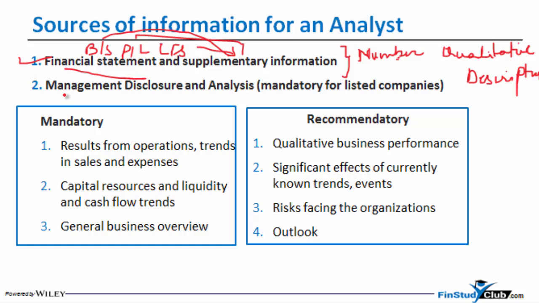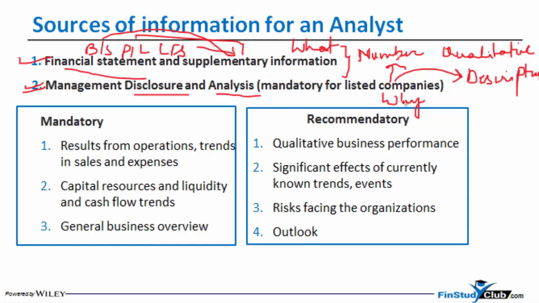This document written by the management disclosing and analyzing the business position is called management discussion and analysis. As the name suggests, it is not number oriented but words oriented. It's text heavy. While my financial statement will reveal what has happened, my MDA will reveal why that has happened.